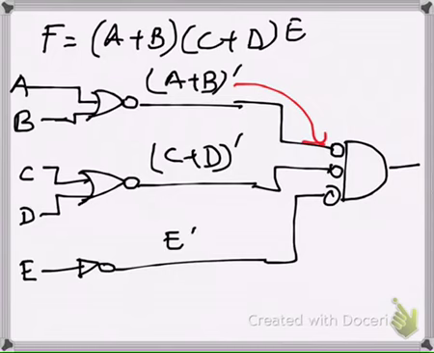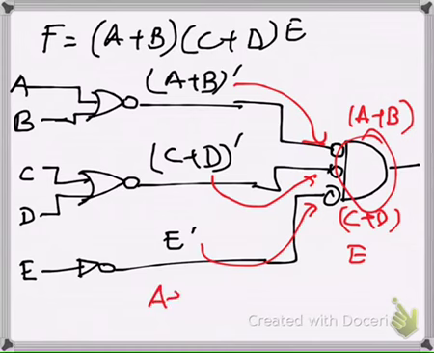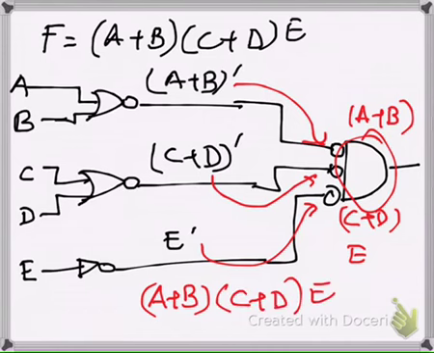So from here I will get A plus B, from here C plus D, and from here E dash goes in, so what comes out is E. And this is an AND, so I can write it as A plus B into C plus D into E. So this is one representation. Or I can use all NOR gates.